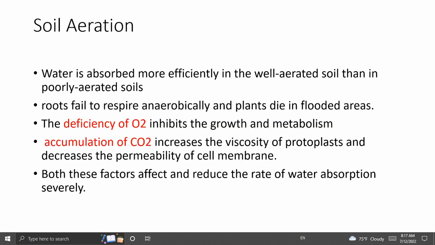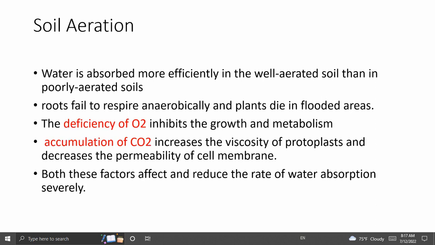Plants die in flooded areas where soil aeration is less. O2 is needed for metabolic activities, so if there is a deficiency of O2 in the soil, it inhibits water absorption.